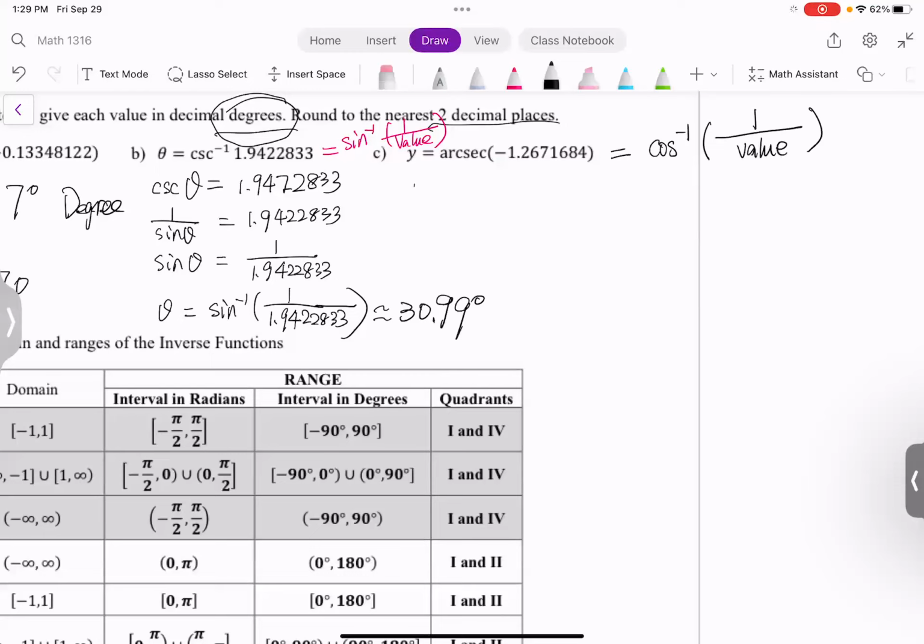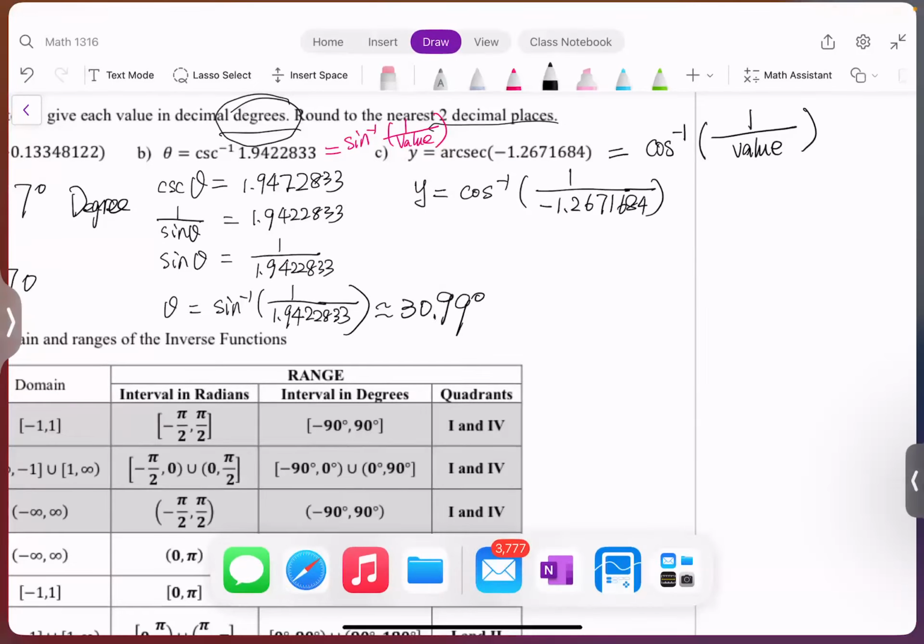And then y equals the inverse of cosine of 1 over negative 1.2671684, and use our calculator because our calculator has cosine, sine.